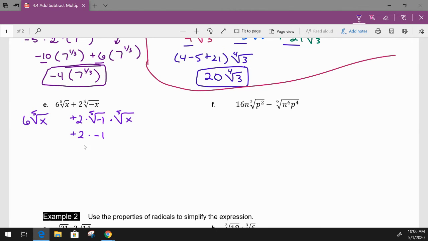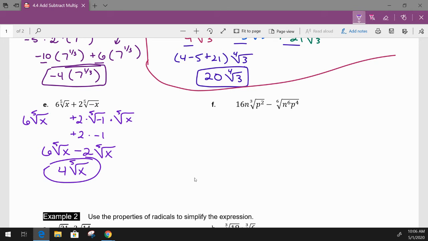So when you multiply the 2 and the -1 together, now you have a coefficient of -2 fifth root of x. So you've got 6 fifth root of x minus 2 fifth root of x. When we subtract now, we get 4 fifth roots of x. And there's your simplified answer.